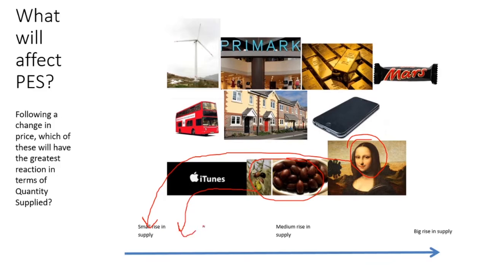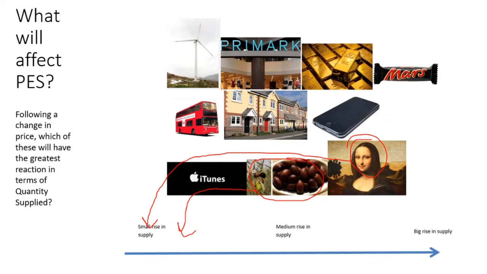The price could rise for coffee, it's a commodity on global markets, but that's not going to mean you can grow more coffee beans all of a sudden. It's an agricultural product. It takes time to grow and to harvest. So there might be some small rise, but by and large, whatever's there is already there, and you're not going to get much more just because the price has gone up.